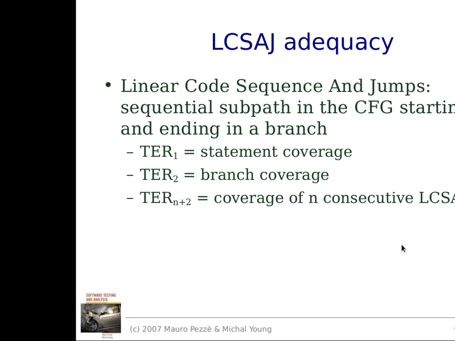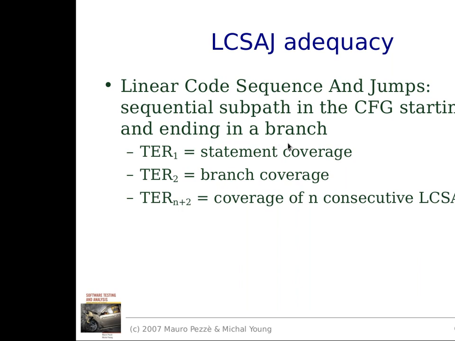Alright, linear code sequence and jumps. This can be a little hard to understand at first, what they're talking about. Sequential subpaths in the CFG starting and ending in a branch. So this is not a basic block. Well, it could be a basic block, or it could be multiple basic blocks. But the idea is that sequence starting and ending in a branch.